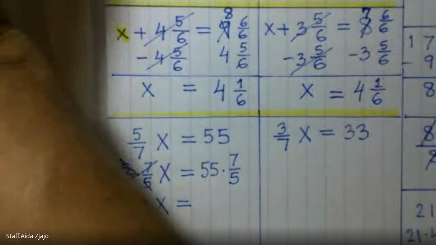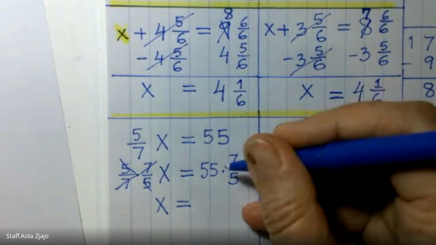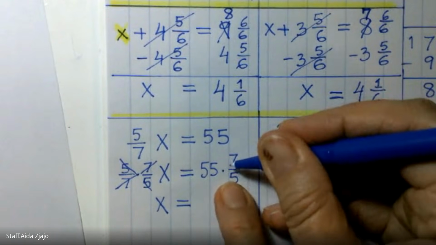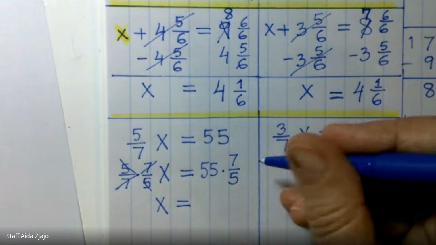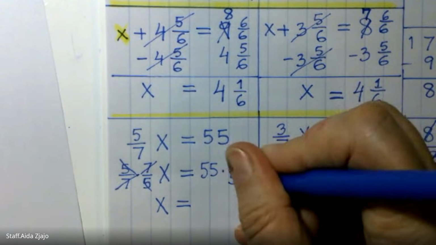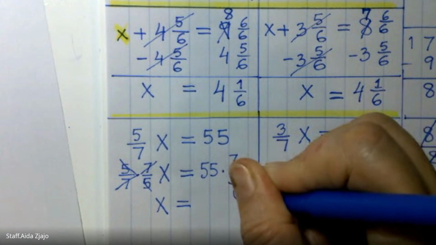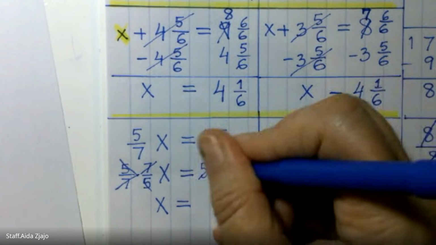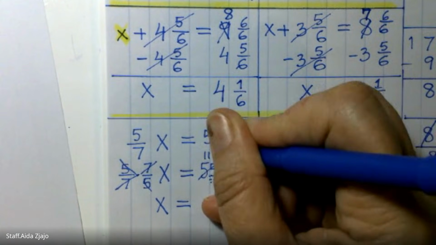Okay, so let's see how that will work. Or we can say 55 times 7 and then divide by 5. It's your choice, but if I divide 5 by 5, this becomes 1. And if I divide 55 by 5, I'm going to get 11.